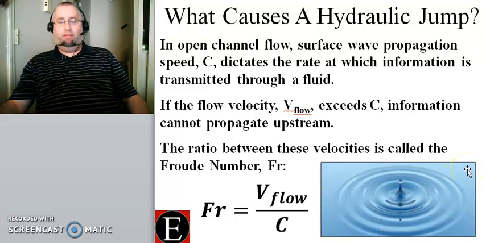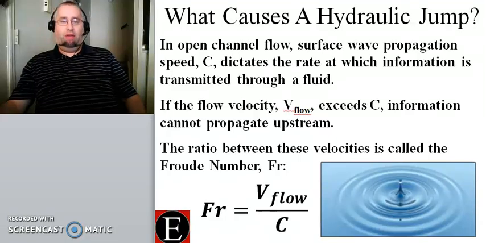So this is a case of essentially water that's standing still, but you can actually induce velocity in a fluid, and that velocity, which we'll call V sub flow, has the potential to exceed the rate at which information propagates in surface waves.